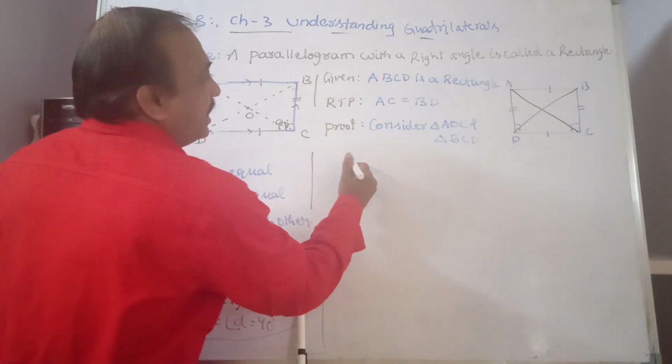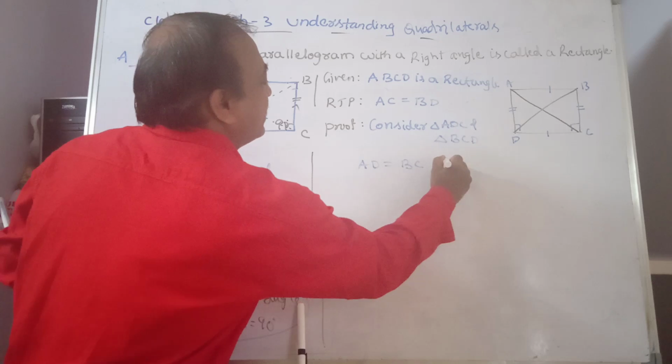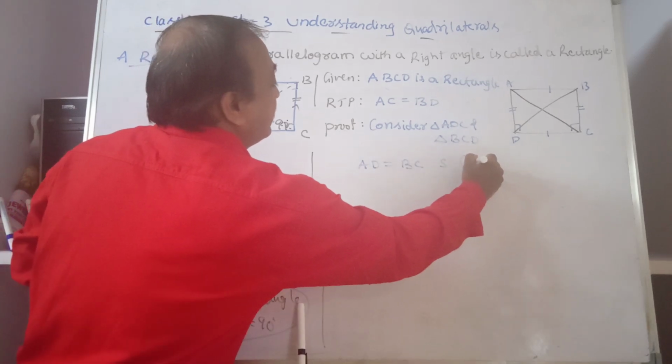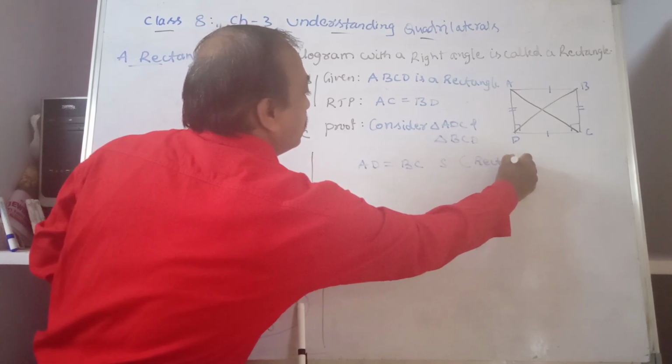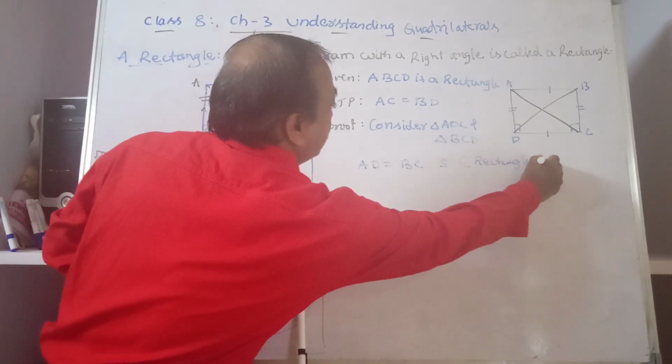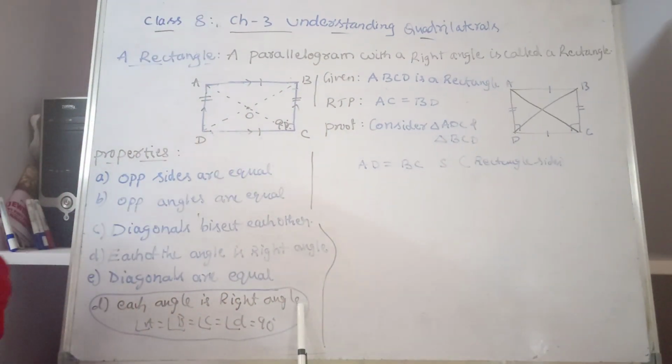In that, observe it, AD is equal to BC. This is side. Why? They are the sides of a rectangle.